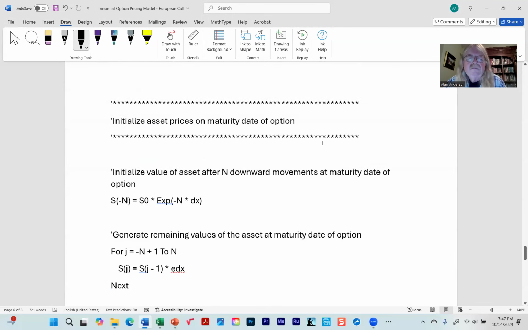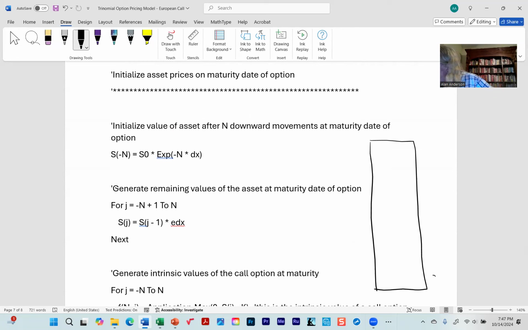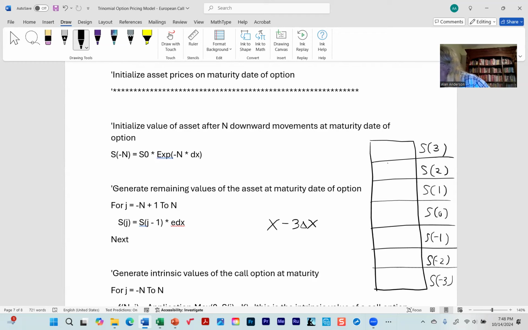And so S of negative 3, we know already that it's supposed to be minus 3 delta x, but before we convert it to a log, it would actually look like this.